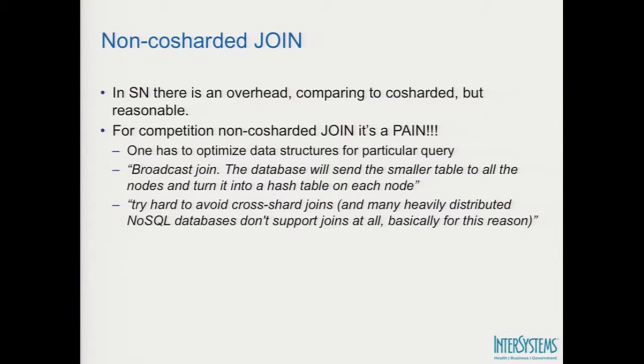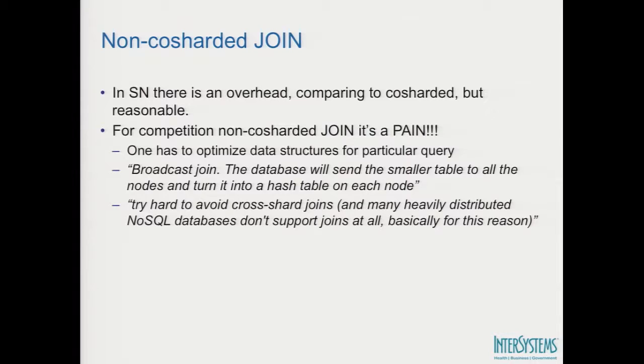If you look at what the competition is doing and the general word on the street about this situation, the non-co-sharded join is the pain of distributed architecture. One of the competitors, a very advanced one, would do what they call a broadcast join. They would do an optimization, but the optimization would be picking their smaller table, and we're talking about two tables of a few terabytes in size, and broadcasting it to all the other nodes in the system.